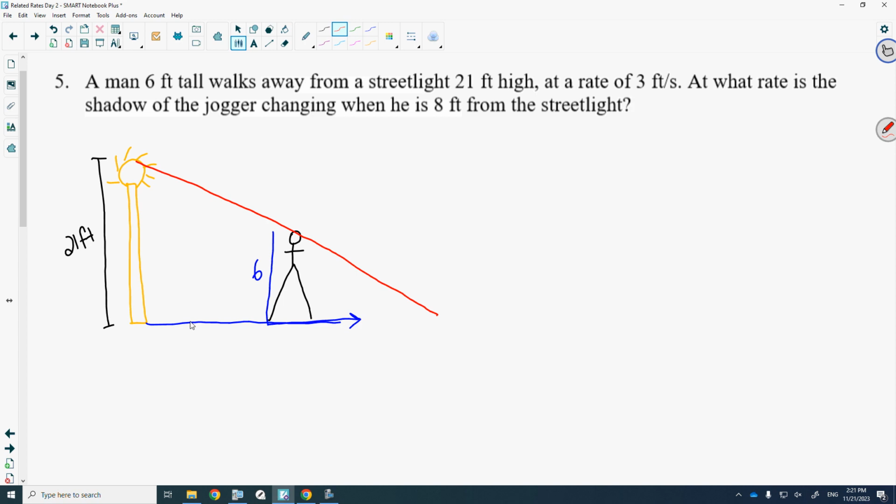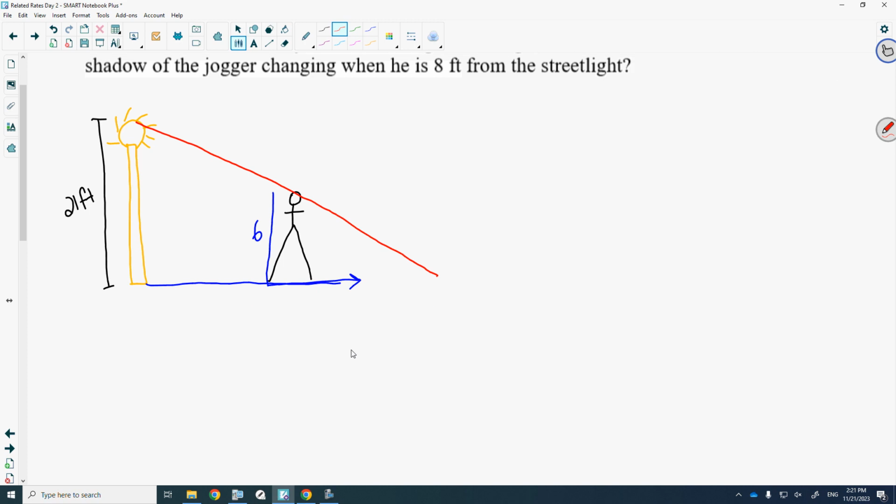From here to here, I put Y, but for whatever reason I actually put S here, so that's actually his shadow. I don't know the distance from the street light to the man, so I'm going to call this X.